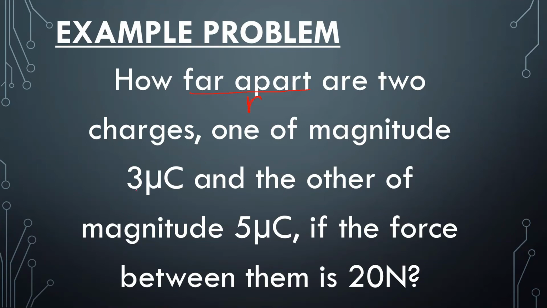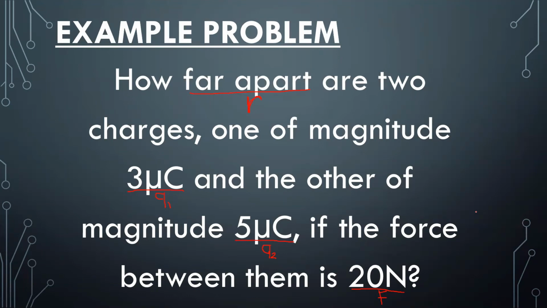The first particle has a charge of 3 microcoulomb, ito yung ating Q sub 1. The second particle has a charge of 5 microcoulombs, ito yung ating Q sub 2. The force between them is 20 Newton, ito yung ating F.